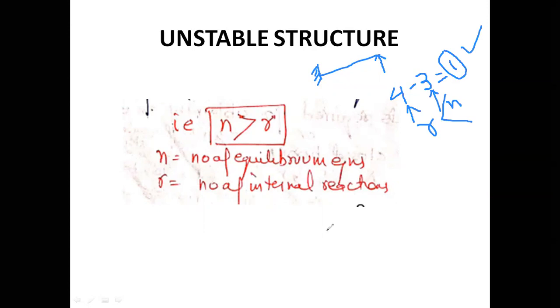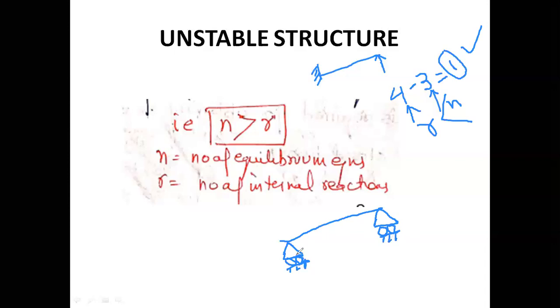But if we consider another example, this is a beam carrying two roller supports.